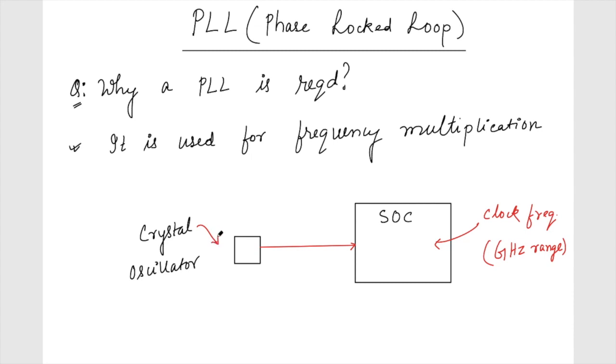The clock frequency of this is generally in the megahertz range. So basically I need to multiply it by n times. Suppose I need a 10 gigahertz clock here, and it is producing maybe 10 megahertz. So definitely I should multiply it by 1000 times. Or if it is 1 gigahertz and 1 megahertz, then of course it's also 1000 times. So I need to multiply the clock frequency coming from the crystal by n.